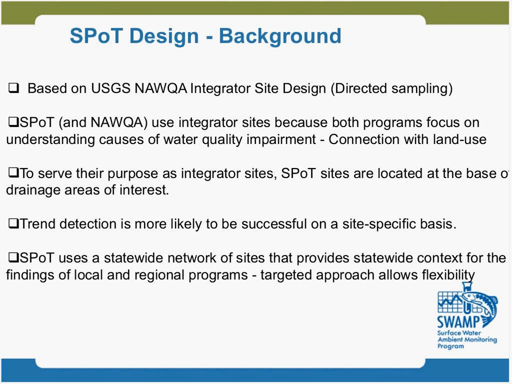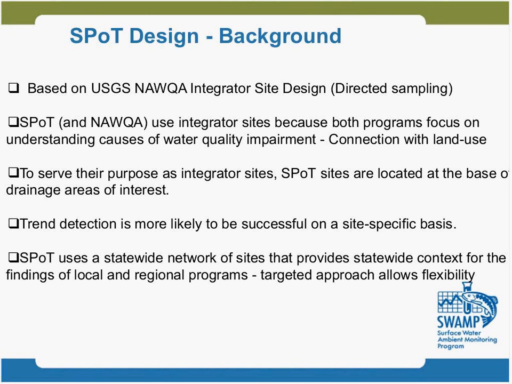Okay, Eric said it's based on the NAWQA design. NAWQA is the USGS National Water Quality Assessment Program. And I just want to emphasize that it is using a directed sampling design rather than the kind of design you might see in EMAP or the NOAA Trends program. We're using integrator sites because we're trying to focus on understanding causes of water quality impairment, and we're trying to connect that with land use patterns.